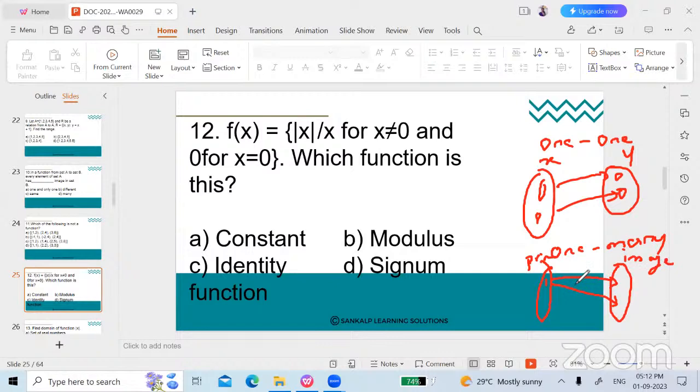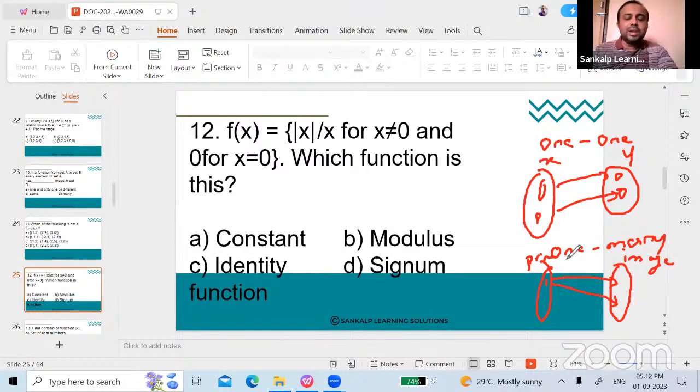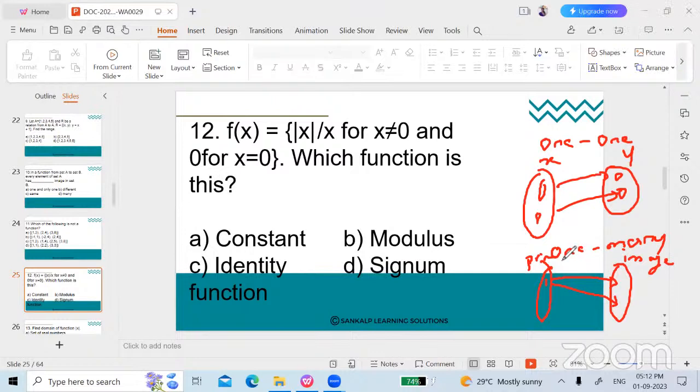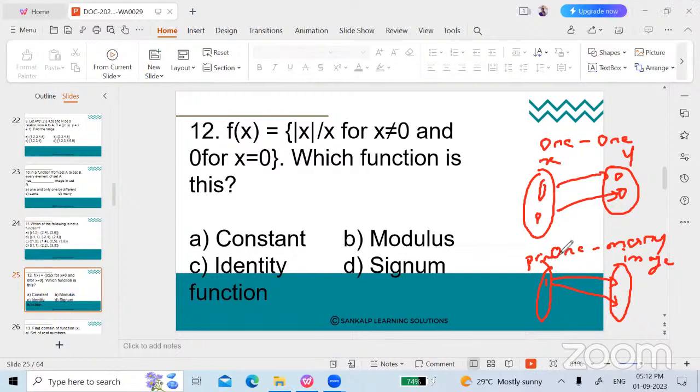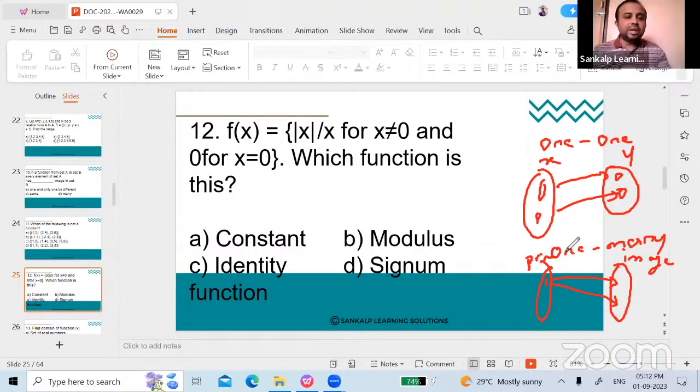How to understand this? One pre-image is having many images. Is it possible? Can you give anyone an example, please? Please give me the answer for this: one to many, is it possible for a function?